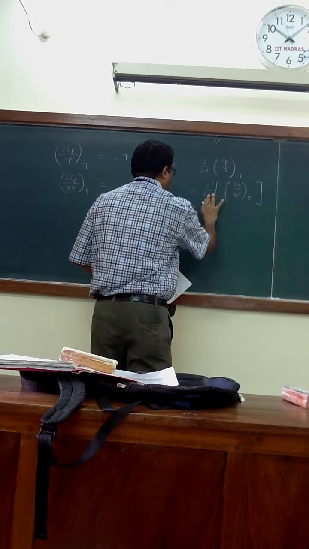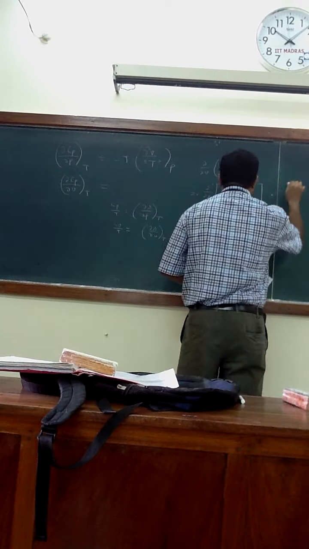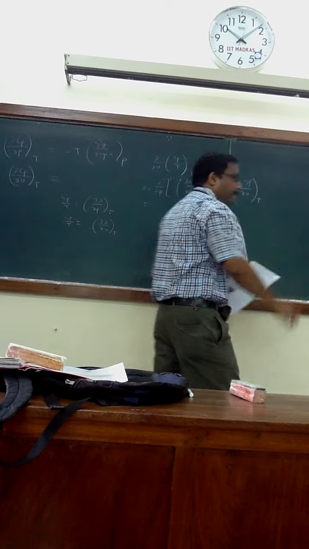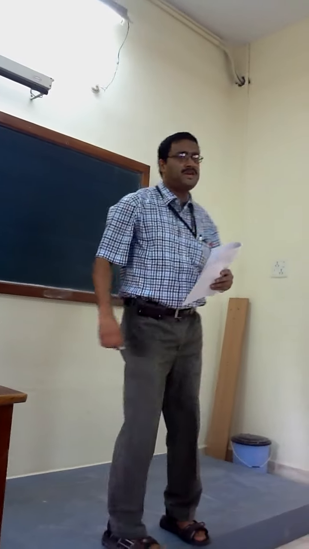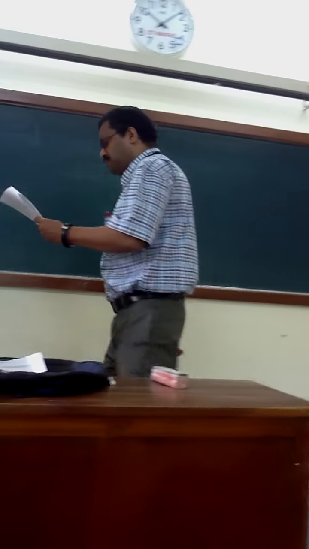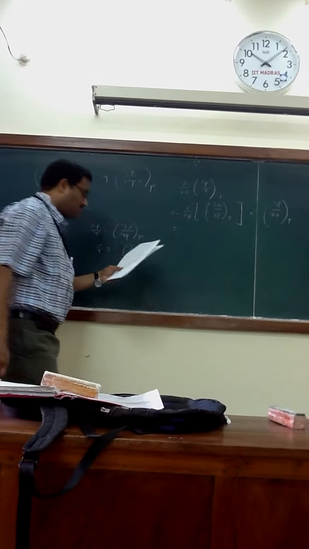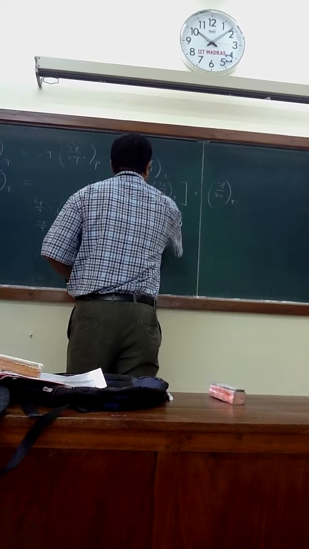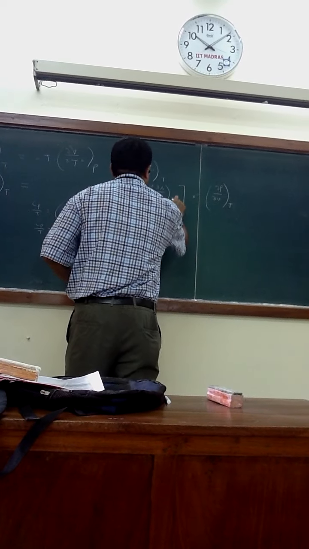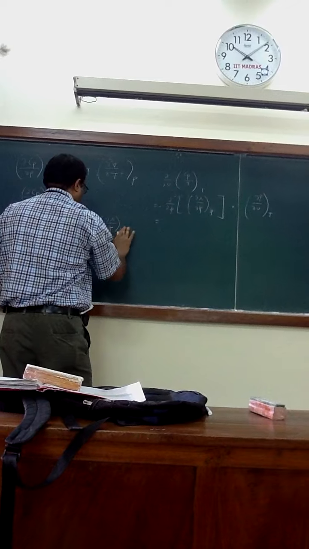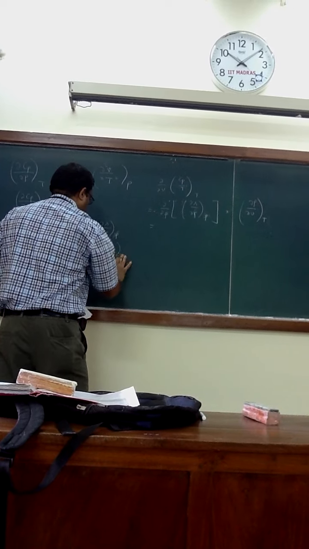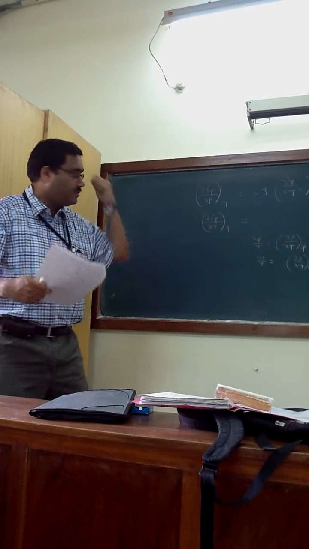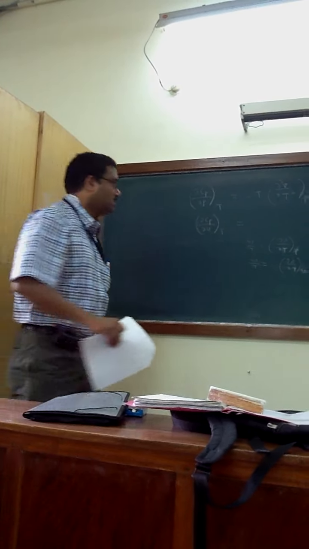We can write this as dou by dou P of dou S by dou T at fixed P. Sorry for my mistake, I apologize.